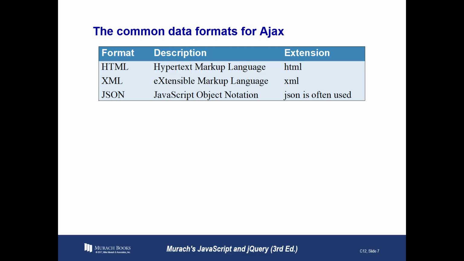All right? Many sites still use XML. It's still popular. It never, in my humble opinion, achieved the popularity people thought it would achieve. One of the reasons is it's a little cryptic to read. So in many ways, and in many places, XML has been replaced with JSON, which is JavaScript Object Notation.